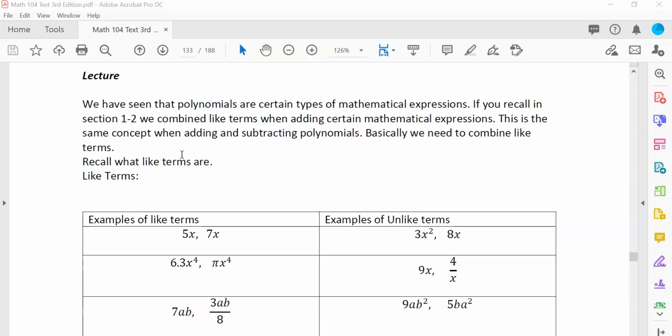Now, adding and subtracting polynomials is actually what we did way back in section 1.2. We simplified expressions, and the way we simplified expressions was that we combined like terms.